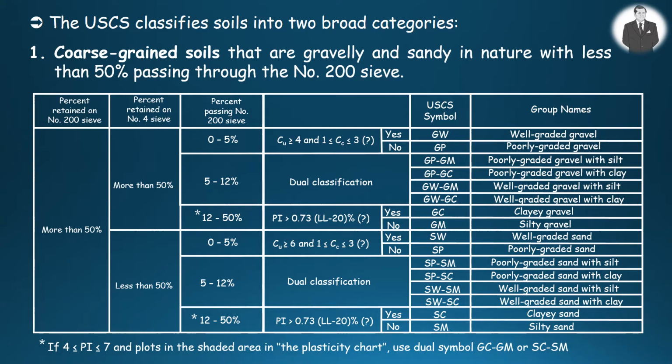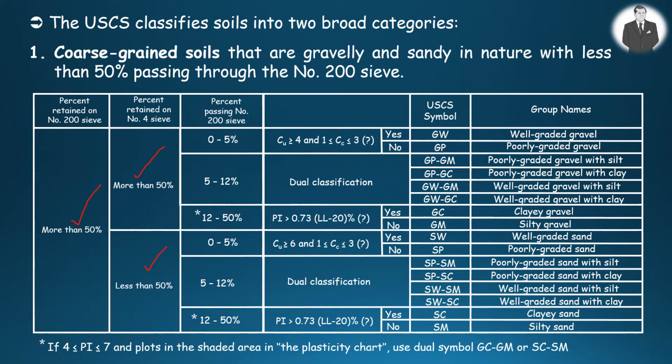Now, if the percent retained on the No 200 sieve is more than 50%, then you need to move to the second column, where you need to check if the percentage retained on the No 4 sieve is more than 50% or less than 50%.